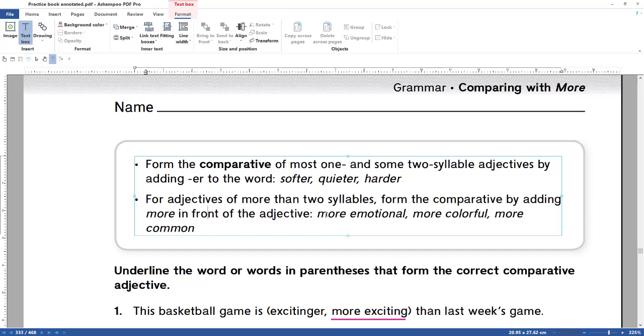For example, you can say more emotional, more colorful, more common, and so on. Another example is like more expensive, more beautiful, and so on. So if the adjective is long or has more than two syllables, you have to add more before the adjective to be able to compare.